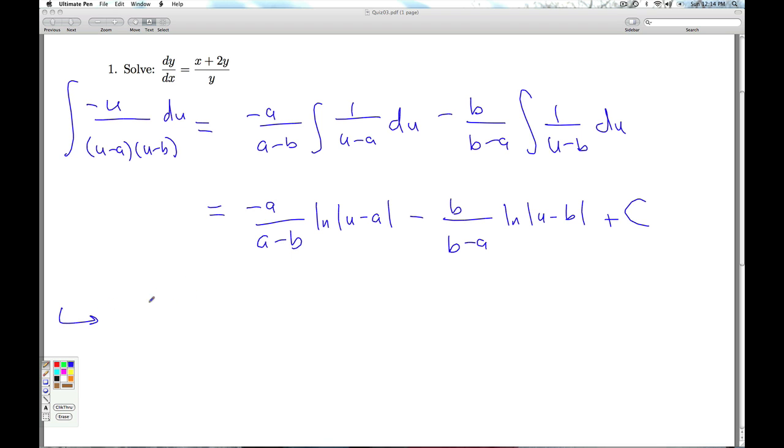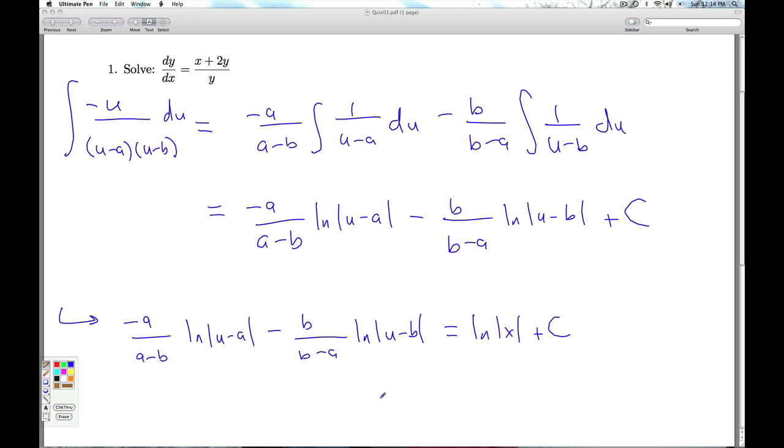And so back into the differential equation. I'll throw the constant to the other side with the other constant.